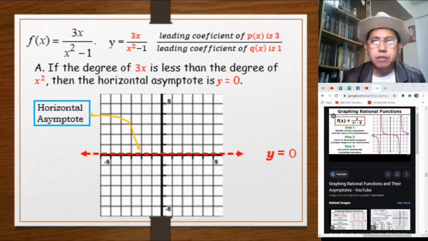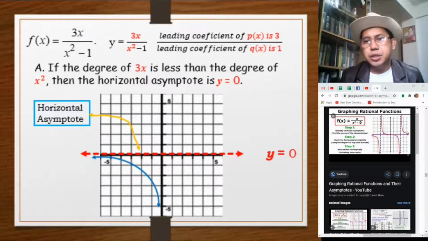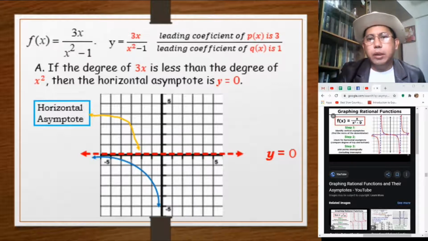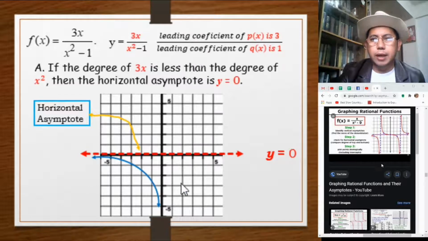Now, what is the effect of this horizontal asymptote when we will be plotting or graphing a function? Here is the effect. As the graph goes up and comes closer and closer to my horizontal asymptote, this graph will not cross. It will not touch this horizontal asymptote.